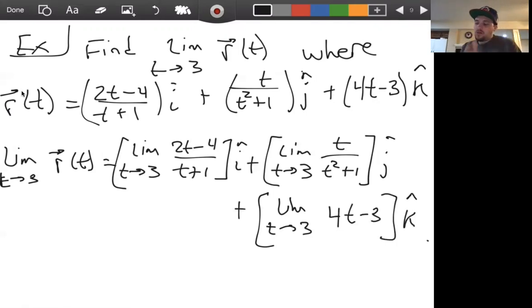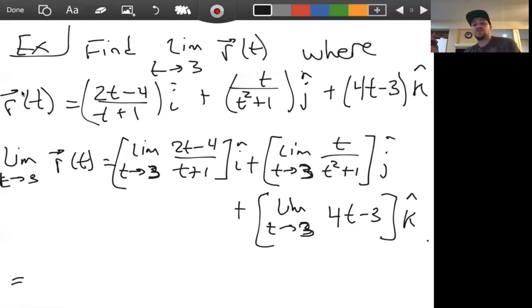And notice all of these limits are very nice. You can solve it with just a simple algebraic step by plugging in the limit, because the function exists at the end value for t. All three of these functions exist at t equals 3, so there's no problem.